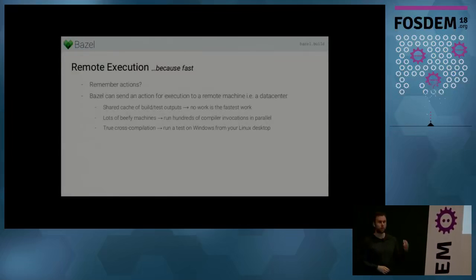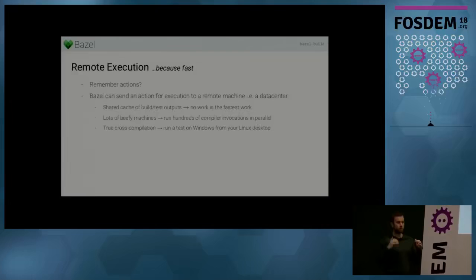And so why would you want to do that? So first of all, you also get the benefit of remote caching. Bazel sends an action to the remote execution system. The remote execution system can check, hey, did I already build this? And if so, just serve the outputs and don't do the work again.